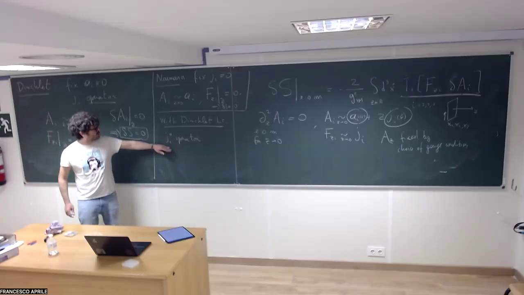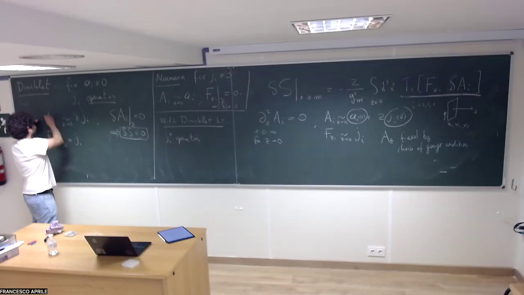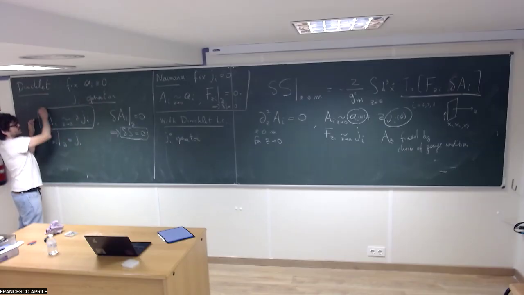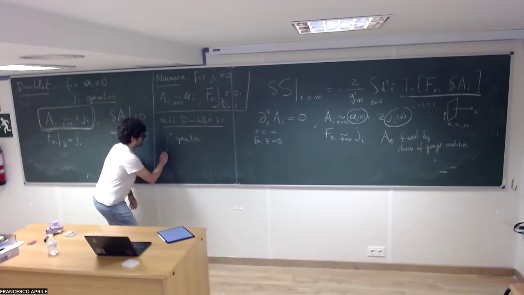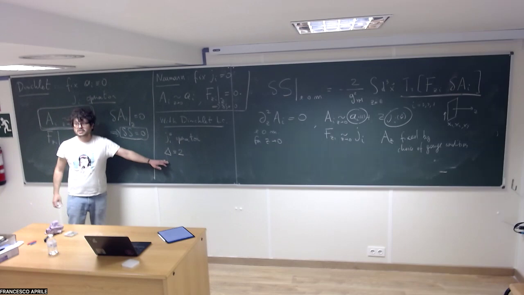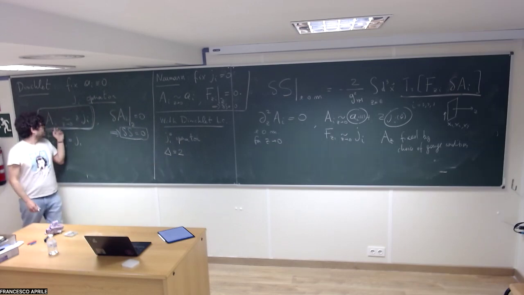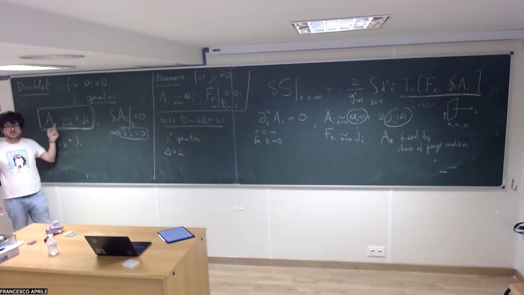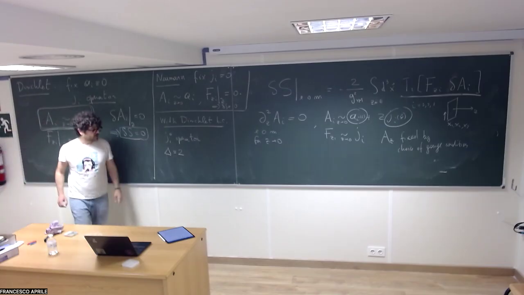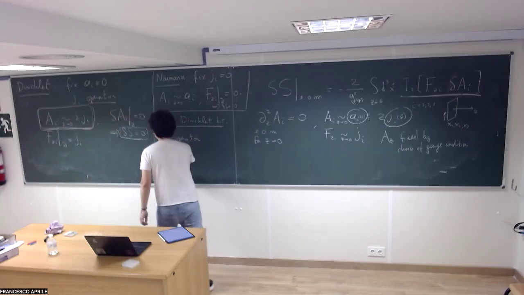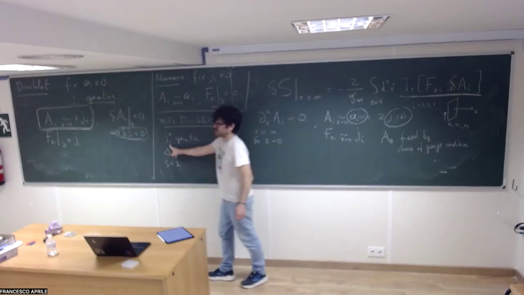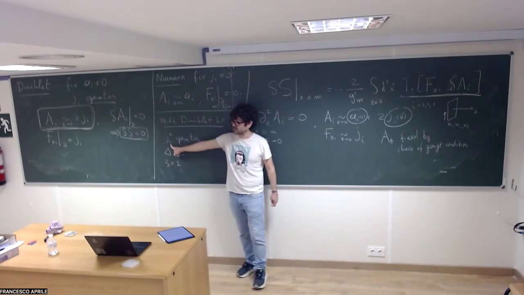Now, this operator, you can see from this equation, from the boundary behavior of A, you can convince yourself that this J has dimension 2. Scaling dimension 2, just from applying the usual isometry that gives you dilatations here. It has dimension 2, and it is spin 1, because it has one vector index at the boundary.